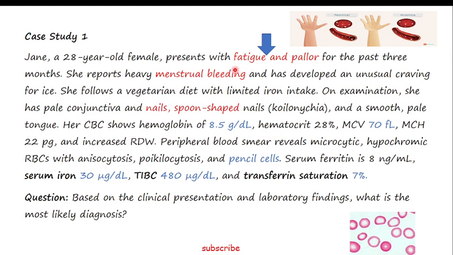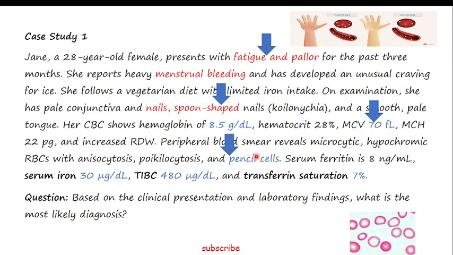So here I have some hints which can direct you. The patient has fatigue and pallor. There is menstrual bleeding. There is a nail which is spoon-shaped, called koilonychia. The hemoglobin is 8.5. The MCV, as you are seeing here, is microcytic, it is low because the normal range is 80 to 100.